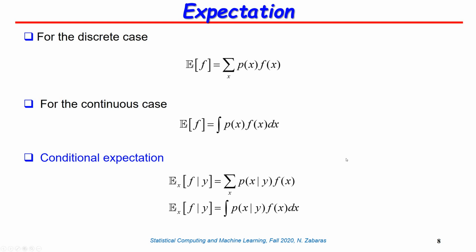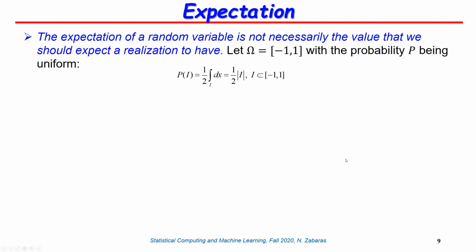All right, let me do one example just to remind you that when you compute the expectation of a random variable, that expectation is not necessarily a value that we should expect that random variable to take. So what I'm going to do is take our sample space to be the interval -1 to 1, and I'm going to take the probability measure to be uniform.